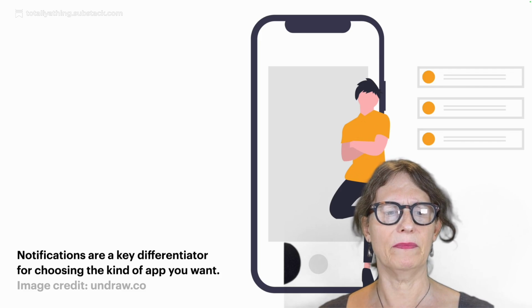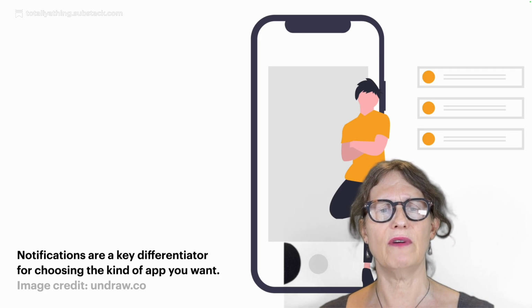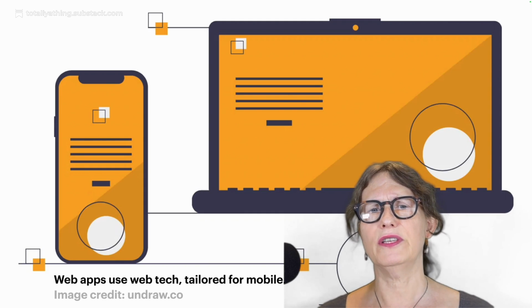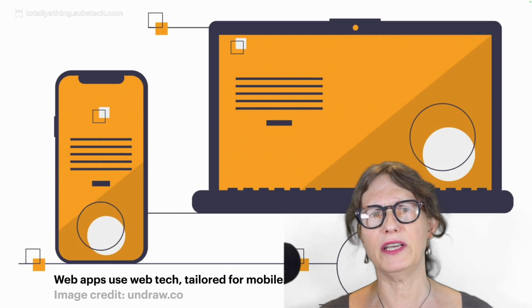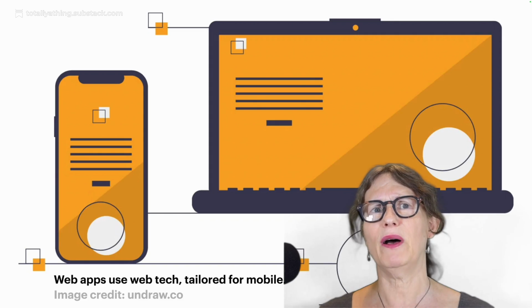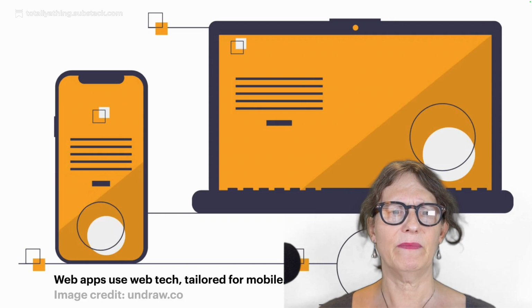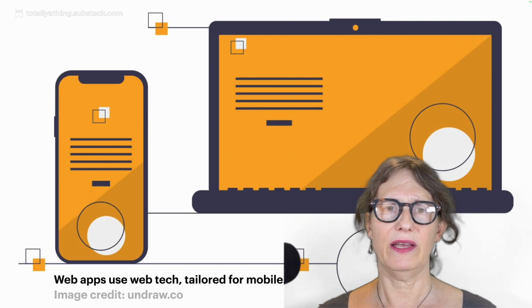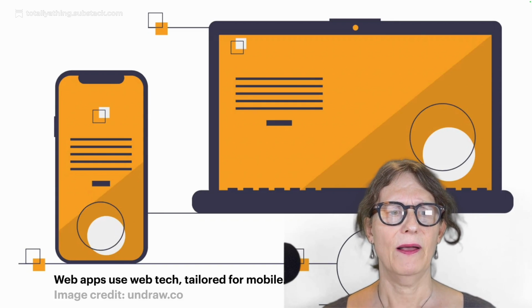But a web developer doesn't need to write any native code. They are using exclusively web technologies, potentially optimized for mobile, but they're not required to meet any App Store needs in specific.